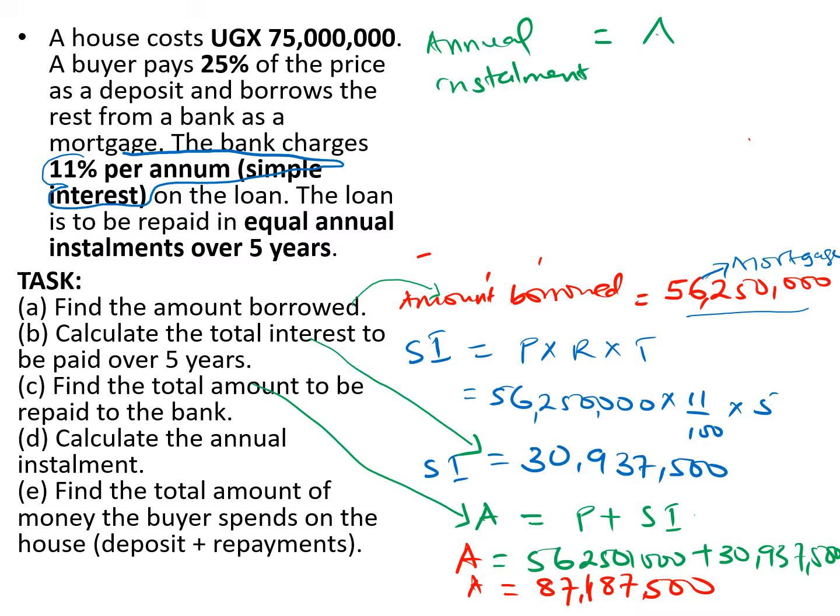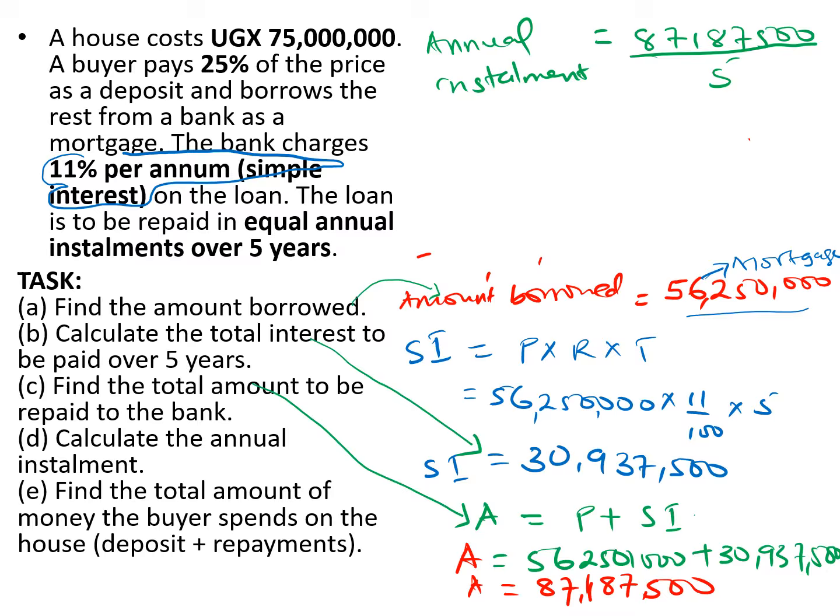I already know what he will pay in all 5 years, so we have 87,187,500 divided by 5.